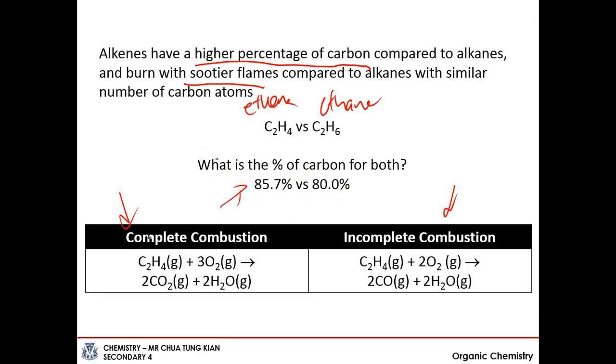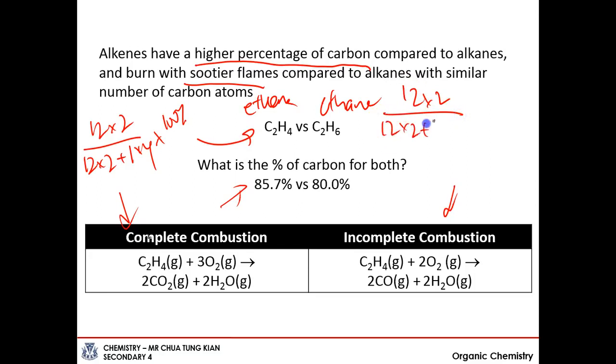If you recall, for ethene it is 12 times 2 divided by 12 times 2 plus 1 times 4. For ethane, it is 12 times 2 divided by 12 times 2 plus 1 times 6. So we get 85.7 versus 80%. The higher the percentage of carbon in the molecule, the sootier the flame will be. Alright?